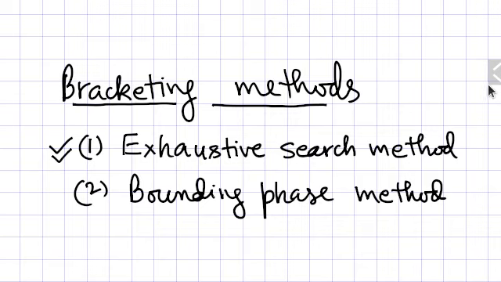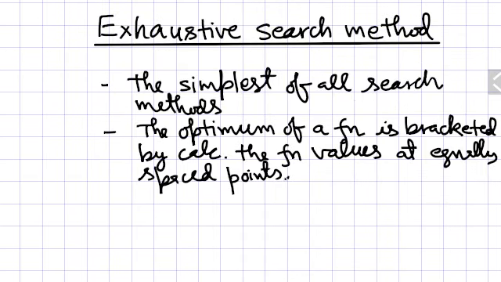Basically in this class we will concentrate on the exhaustive search method. This is the information about this method. It is the simplest of all search methods. The optimum of a function is bracketed by calculating the function values at equally spaced points.